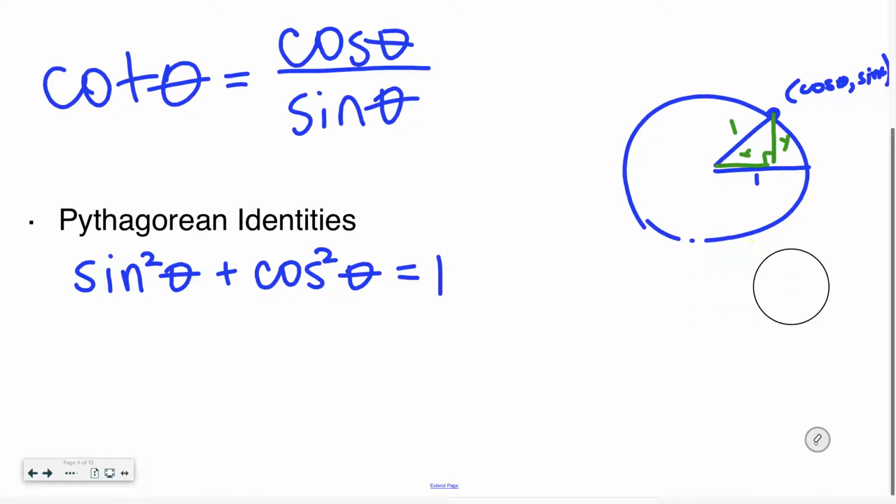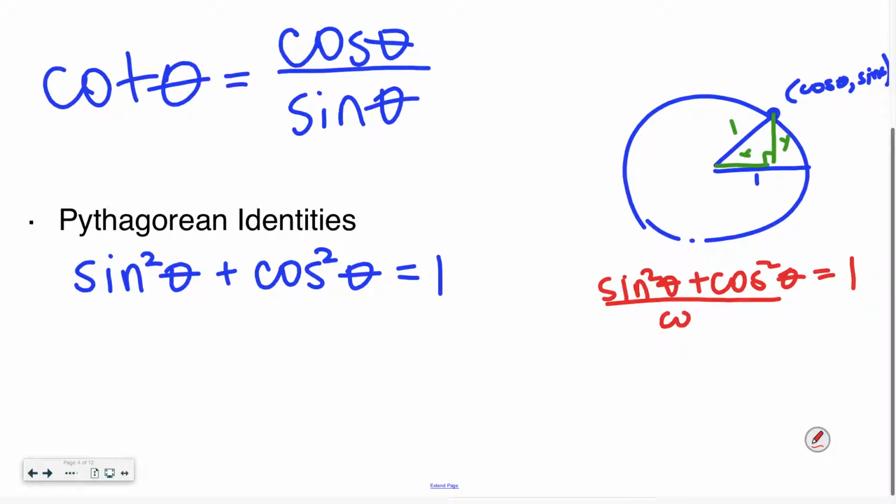Okay? Now, I'm going to write this over here. Don't write this with me. But let's go ahead and, because there's two more Pythagorean identities, I want you to understand where they come from. If we divide both sides by cosine squared, what did we say sine over cosine was?